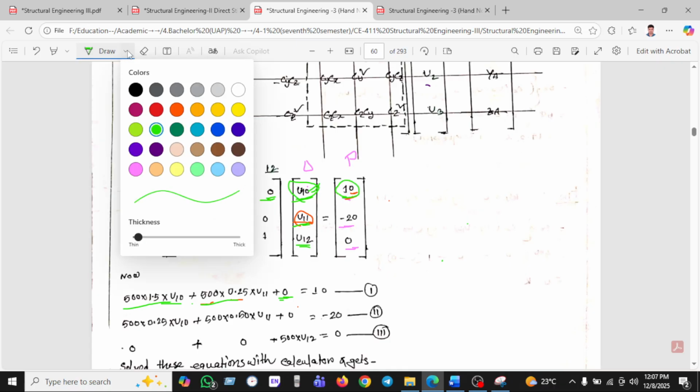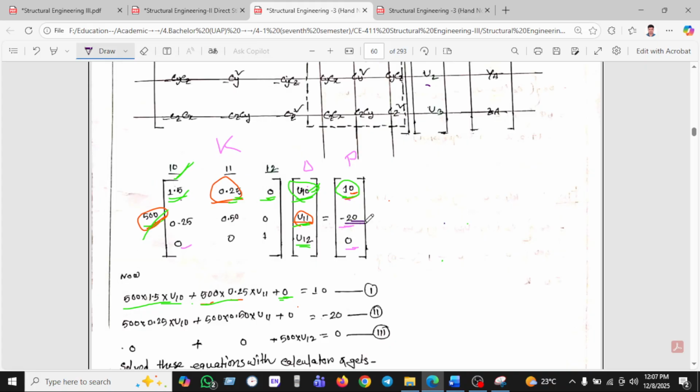Now we're going to the second one. I'll calculate 500 with u10 into 0.25, and 500 with 0.50 and u11, and the last one 500 will be multiplied with 0, so we are not taking this, all are 0, equal to 20.